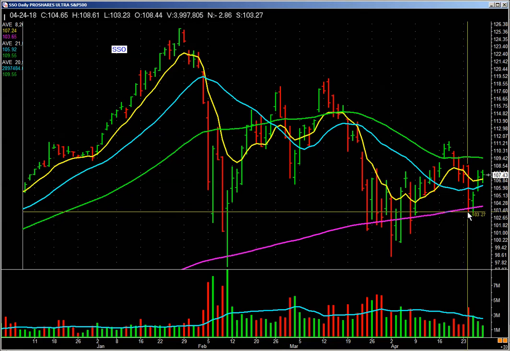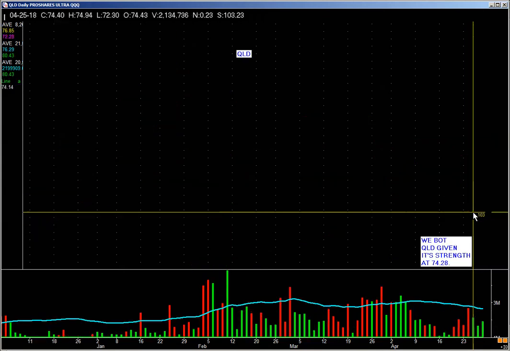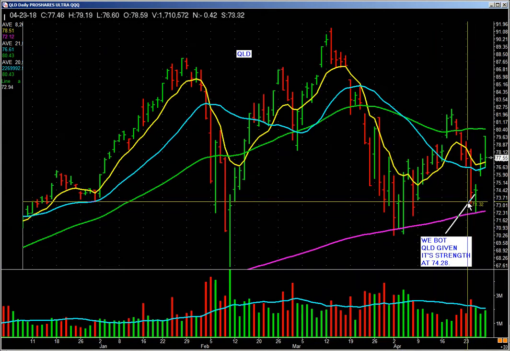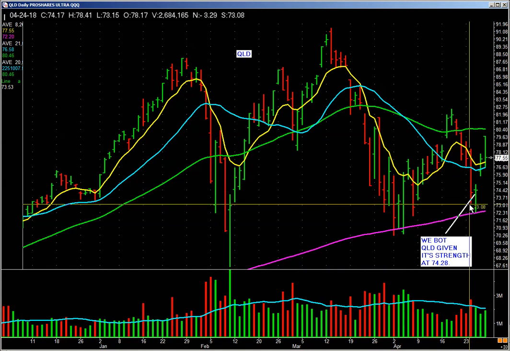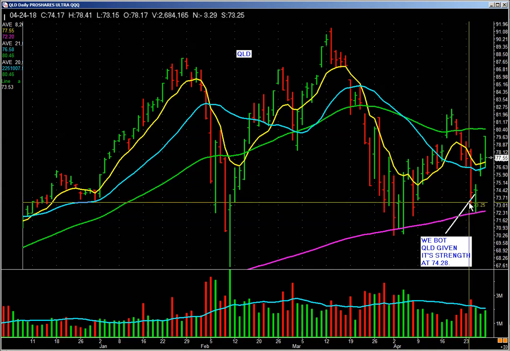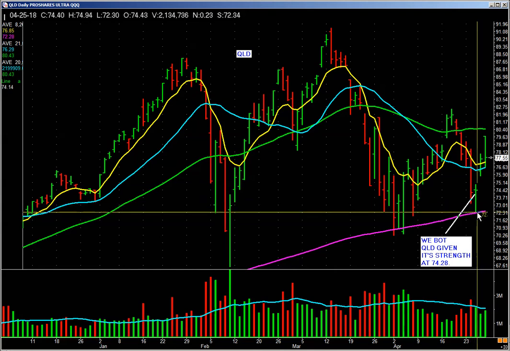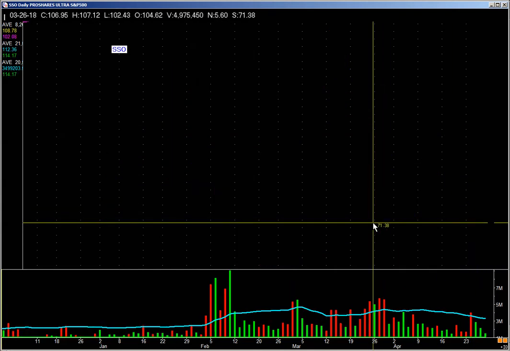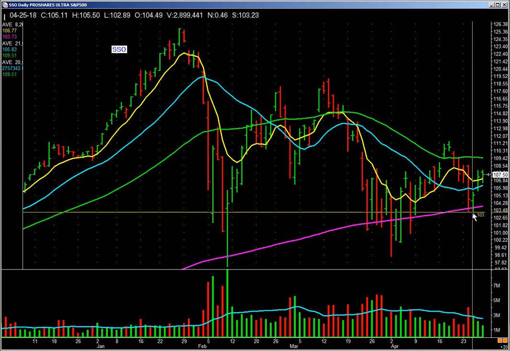It pierces the 200-day on this day. This day it pierces it by even more. That's SSO. QLD comes down towards the 200-day but doesn't pierce it. The next day it comes down and touches the 200-day but doesn't pierce it. You see these two days? Close, touches. SSO, pierces, pierces.